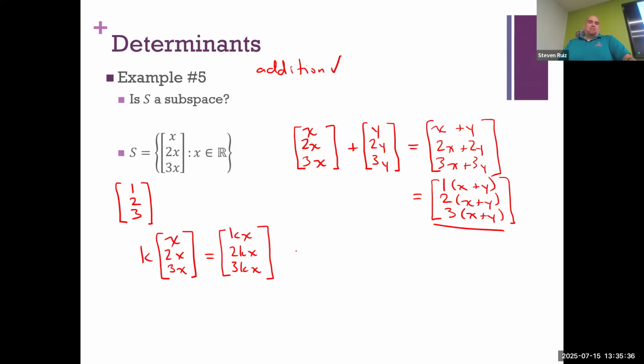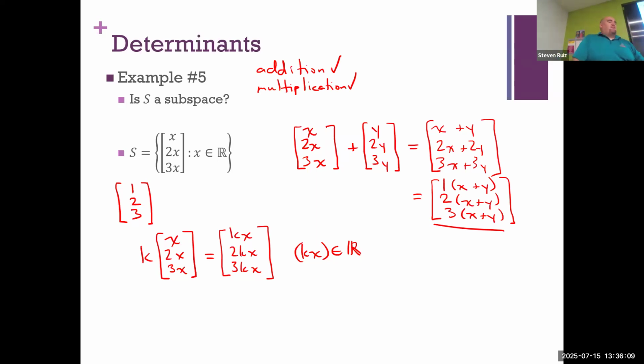That should be inside S because if x is real, then k times x is also real. So I multiplied it by a constant and I got 1 times a real number, 2 times a real number, 3 times a real number. So I have closure under multiplication. So really we're done. We have those two conditions, which means that is the subspace test.